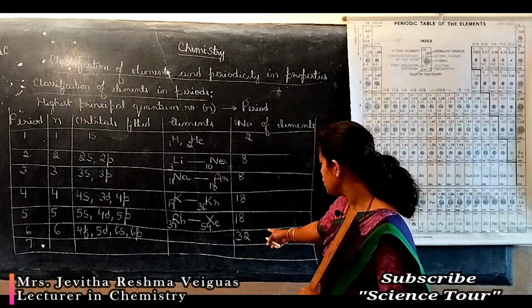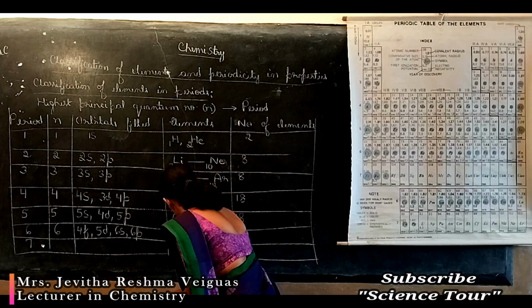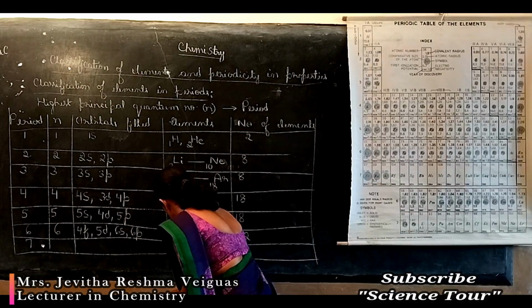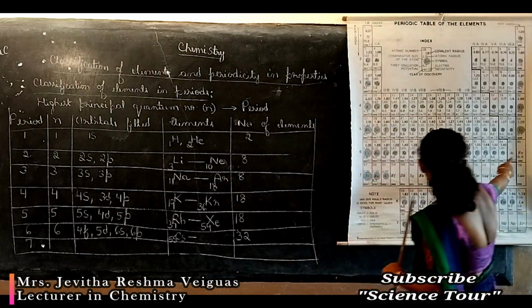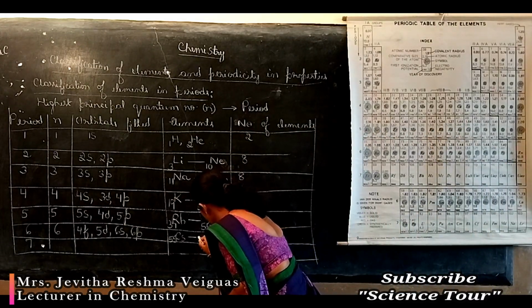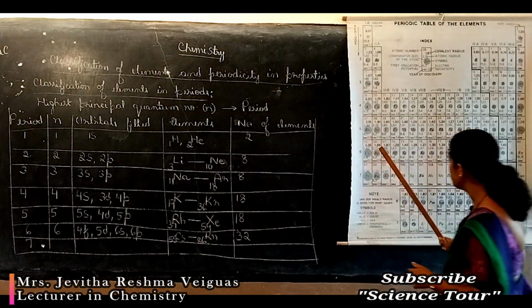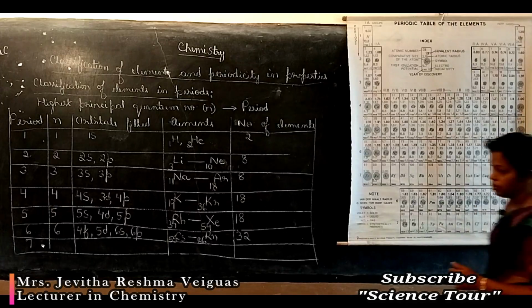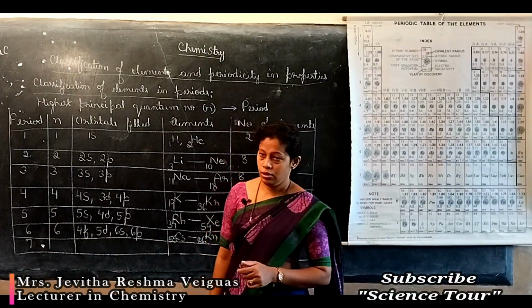So we have 32 elements, starting from element cesium, whose atomic number is 55, ends with element radon, whose atomic number is 86. Atomic number 55 to 86 are the elements belonging to the 6th period.